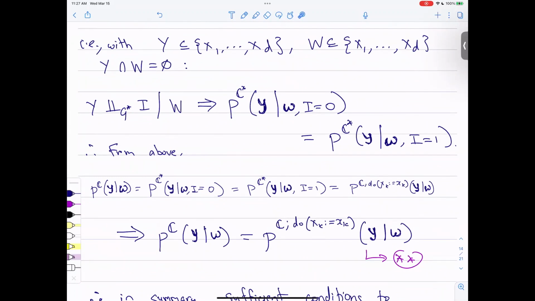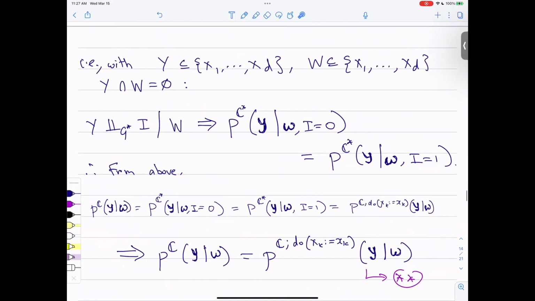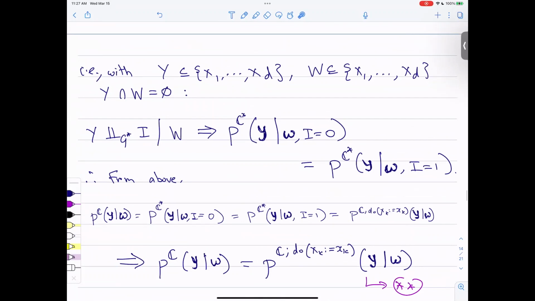That means in the C star model, they're conditionally independent because they are graphically d-separated. Remember, in the C star model, d-separation implies conditional independence. So let's write conditional independence. I'm using boldface for vectors here: vector Y, conditioned on W and I equal to 0.